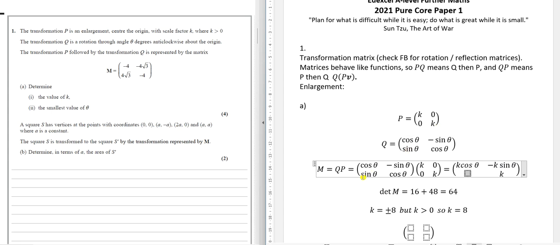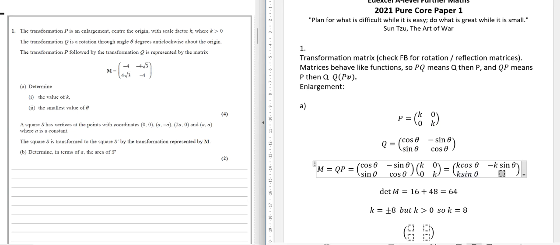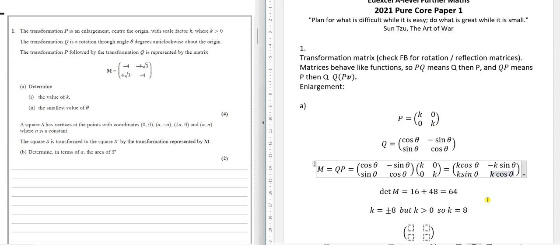This next one comes from sine times k and nothing else. And the last one comes from sine times nothing, cos times k. If you look carefully, you'll notice I could have saved myself a bit of time. This is the same matrix, cos minus sine, sine cos, just with a k put in front. And that's because the k 0 0 1 is the identity matrix. So that would have been a fairly obvious one.